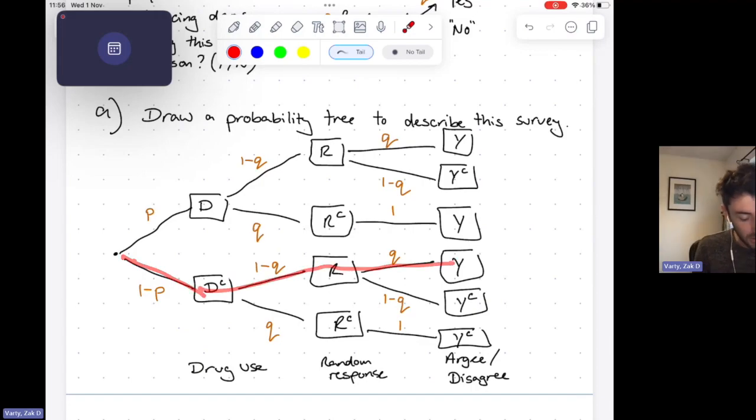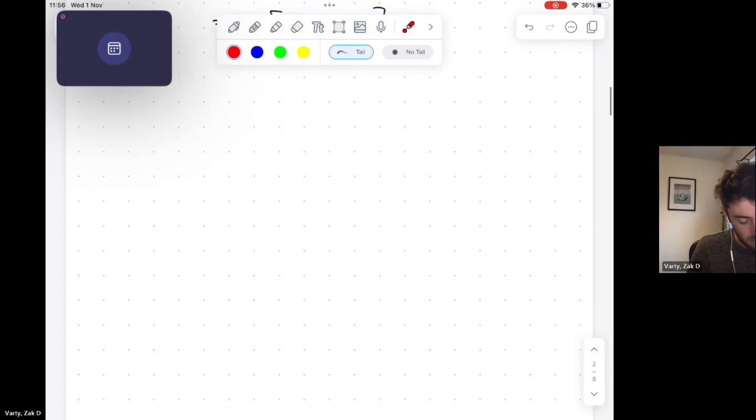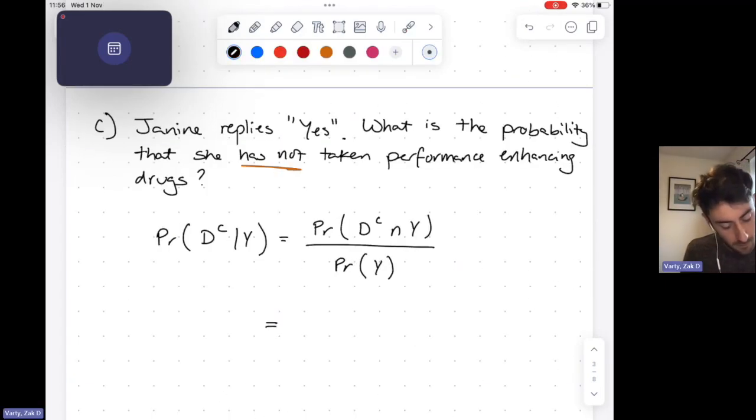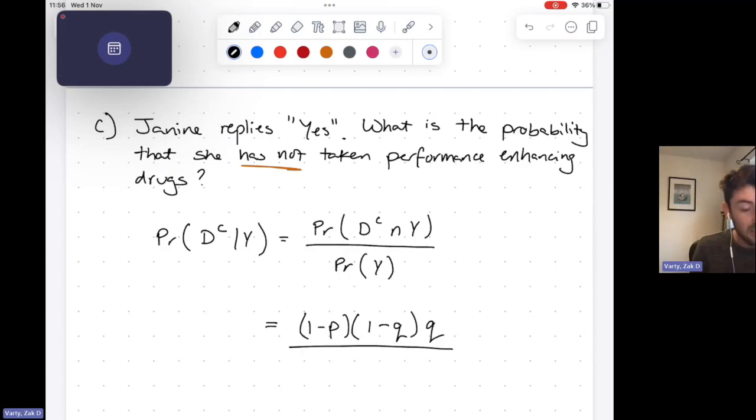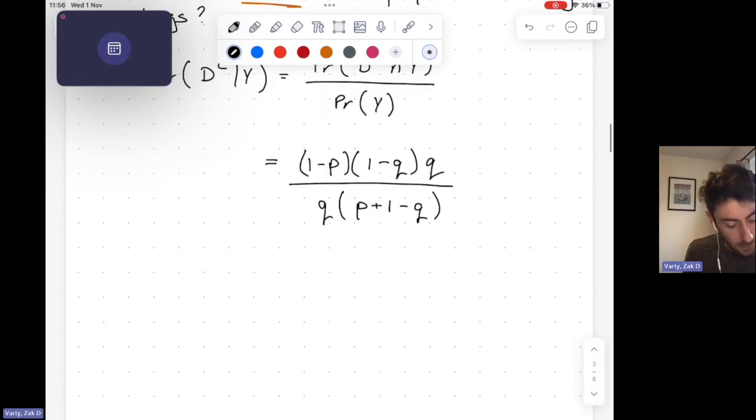There is only one way to achieve that, and that has probability 1 minus P times 1 minus Q times Q. So that was 1 minus P times 1 minus Q times Q. And the probability of Y we have just calculated, that was Q times P plus 1 minus Q. And we can simplify this down a little bit because our Q's on the numerator and denominator will cancel.